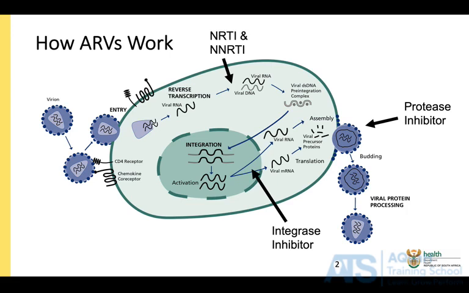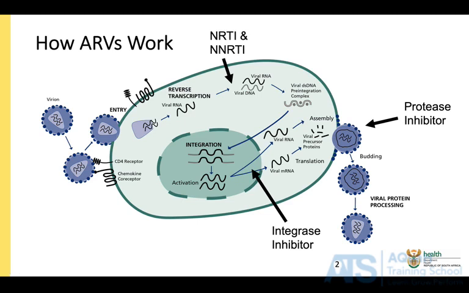Attachment happens when HIV glycoproteins attach to receptors that are found on the membrane of our white cells. This is where GP120 and GP41, the HIV glycoproteins, would attach to the CD4 receptor and its co-receptor CCR5.